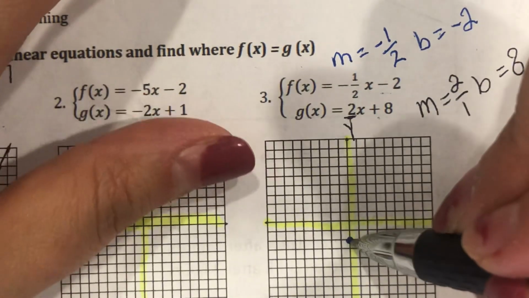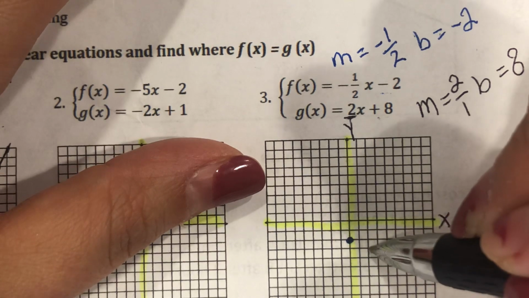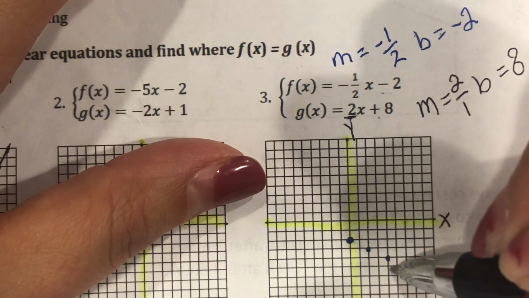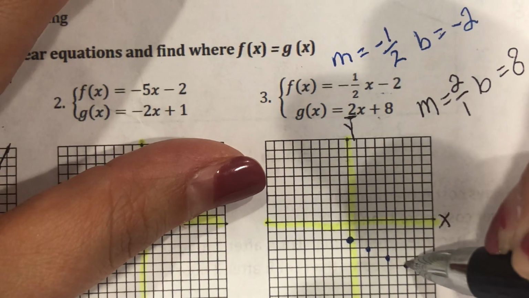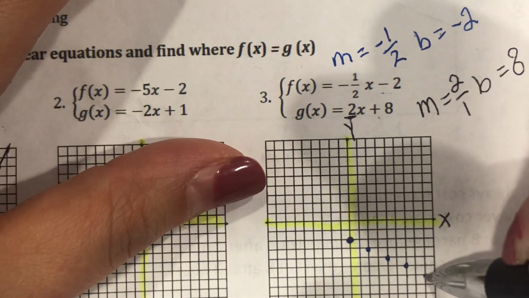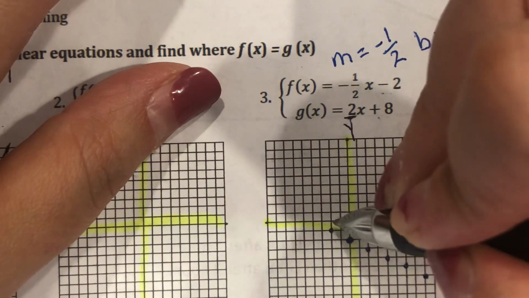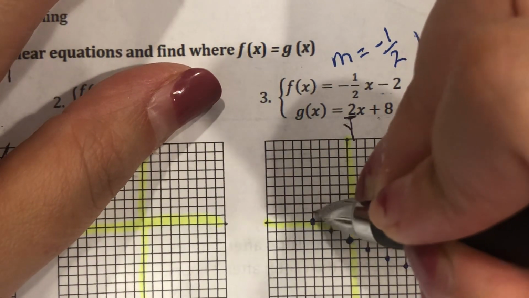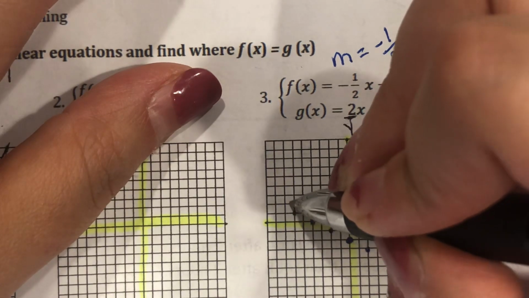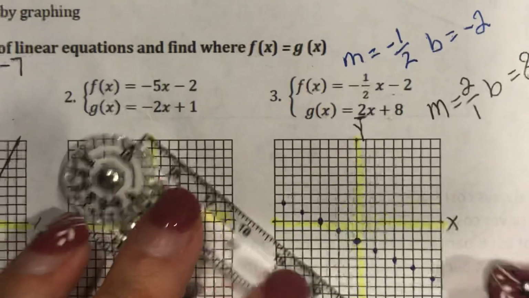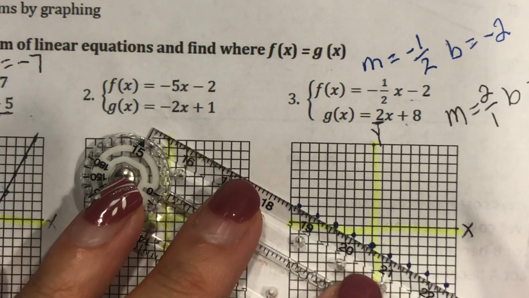So start here, go down 1, over 2, down 1, over 2, and keep going. Again, I could also go the opposite, up 1, left 2, and so on. And then grab our ruler and connect our dots.